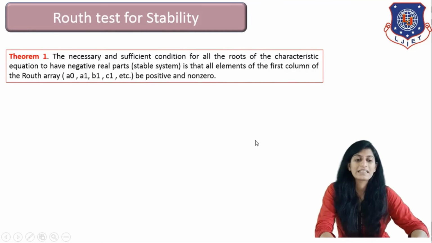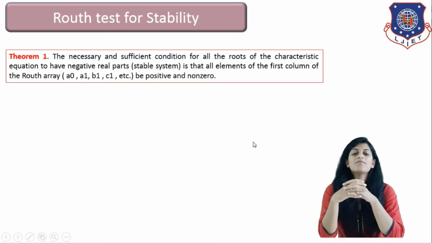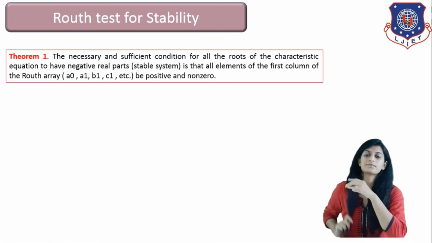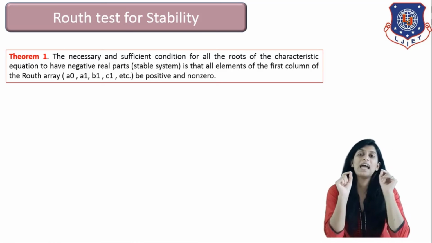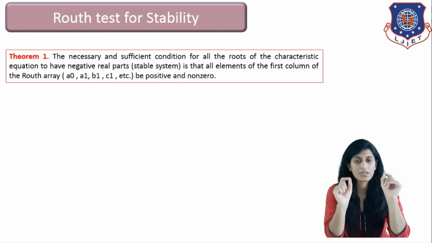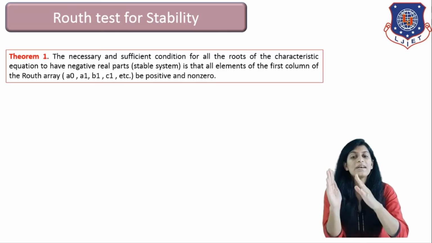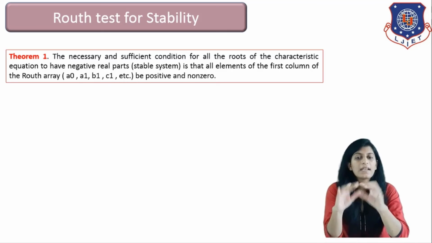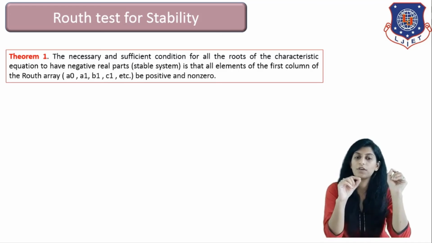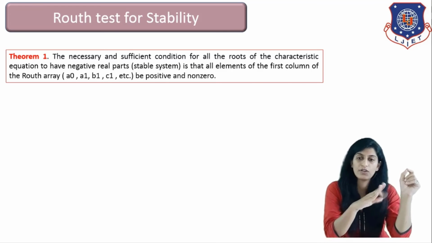We have three different theorems for determining the root test stability criteria. Theorem 1 states that the necessary and sufficient condition for all the roots of the characteristic equation to have negative real parts is that the elements of the first column of the root array be positive and non-zero.